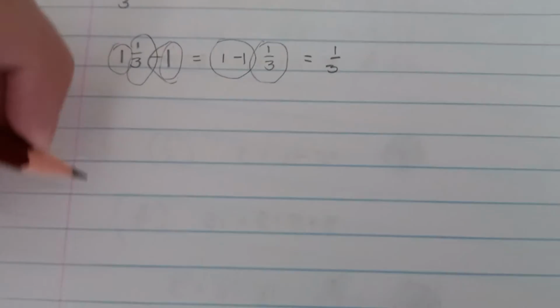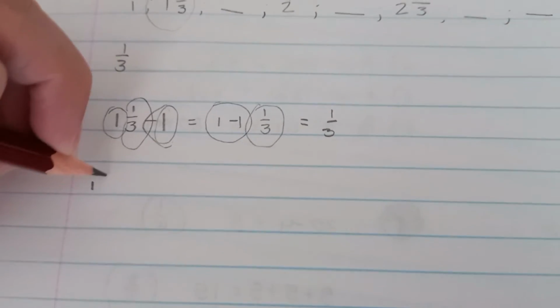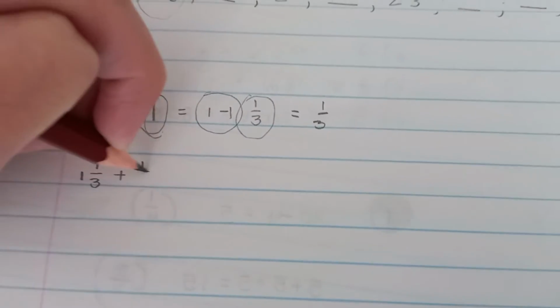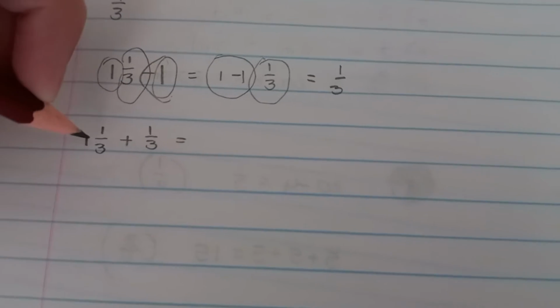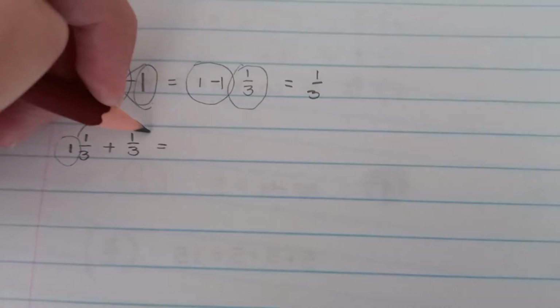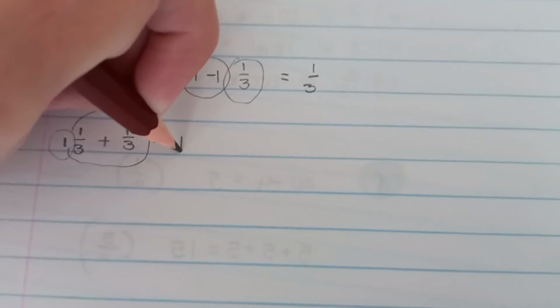So we've got 1 and we've got 1/3. So if we write 1/3 and we say plus 1/3, we're going to use the bubble method again to work it out. So here we have 1. We're putting our bubble of our fractions together. The 1 will stay the same.